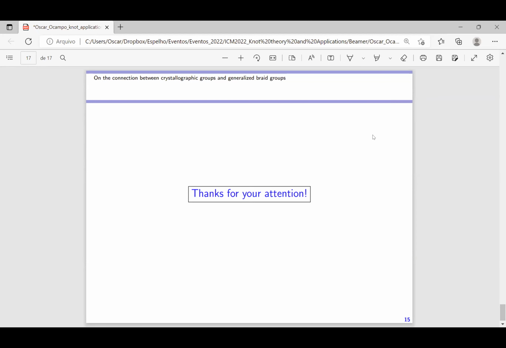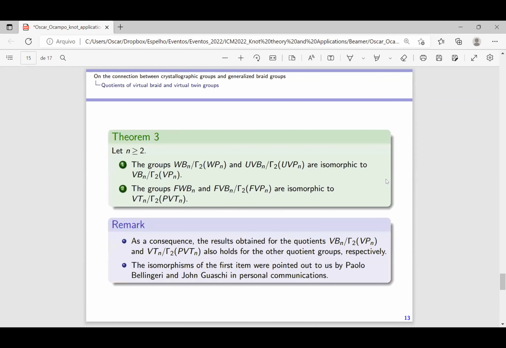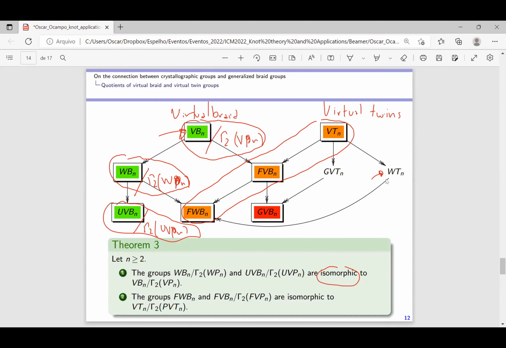We can't see these crystallographic groups for twin groups because you considered virtual twin groups, and then of course we have a sequence from Tn to Sn. Sorry, Neha, what is the question? Can't we consider to study the crystallographic groups for twin groups? Just for the twin case, not the virtual case.